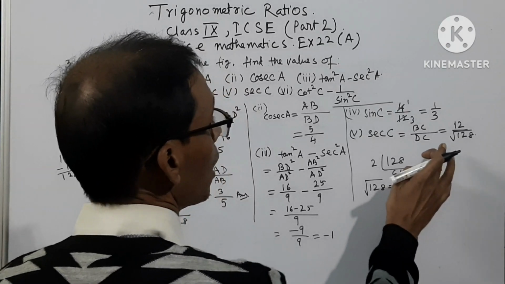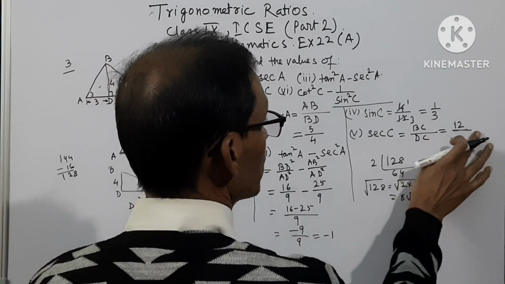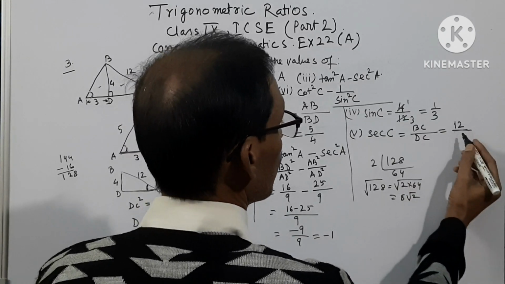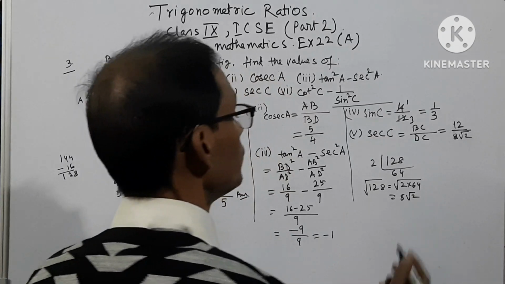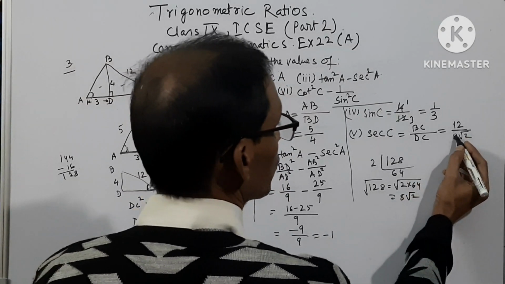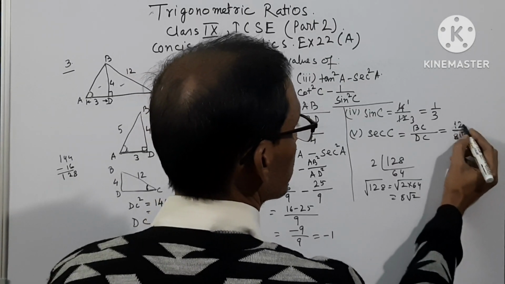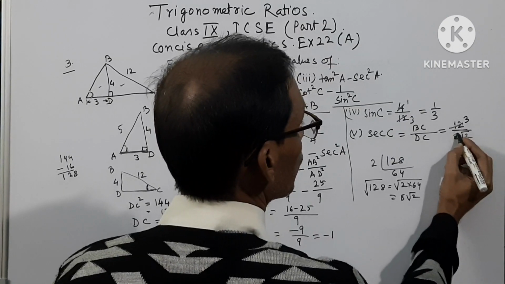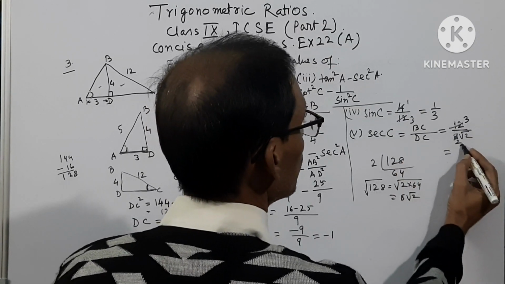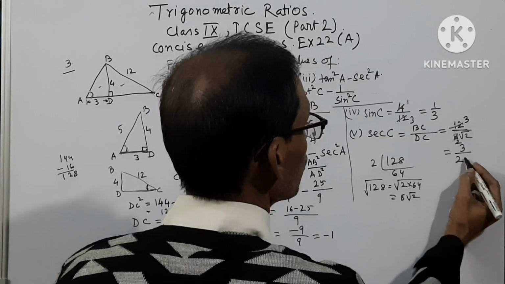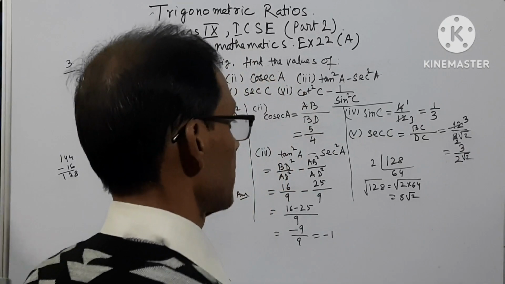So here root 128, in simplest way we can write 8 root 2. So 8 you can see 4 3s are and 4 2s are. That means sec C equal to 3 by 2 root 2 is the best answer.